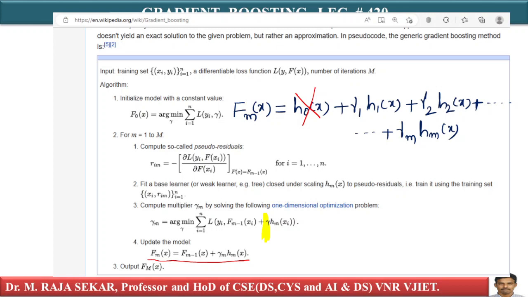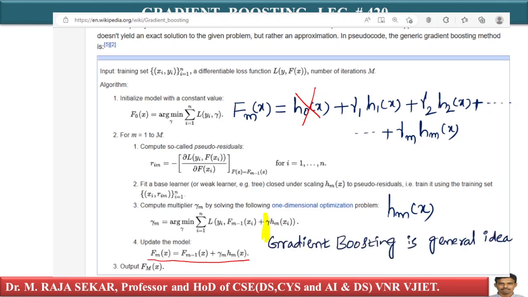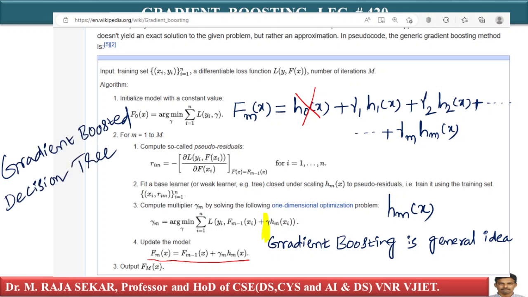Boosting is a general idea, a very popular idea. Gradient boosting is a general idea. Within gradient boosting, there is something called gradient boosted decision tree, isn't it? Each of your base learners is actually a decision tree.